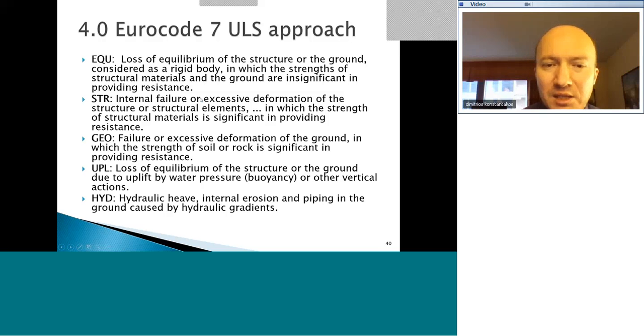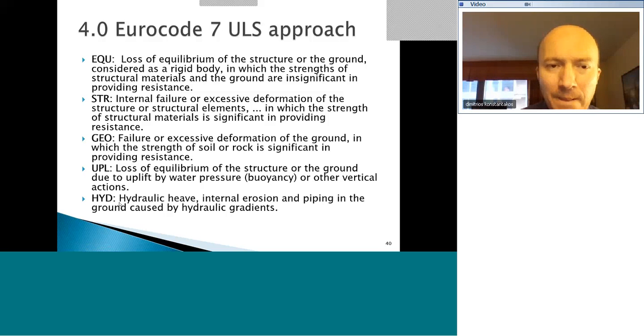STR, internal failure or excessive deformation of the structure or structural elements in which the strength of the structural material is significant in providing resistance. GEO, for geotechnical, failure or excessive deformation of the ground in which the strength of the soil or rock is significant in providing resistance. And then you have uplift and hydraulic heave for hydraulic events, for hydraulic flow, piping and so on.